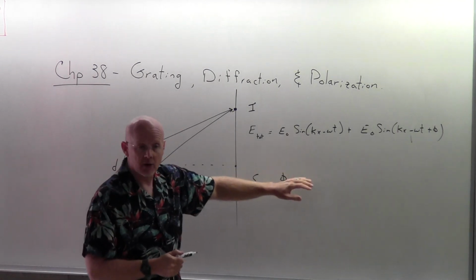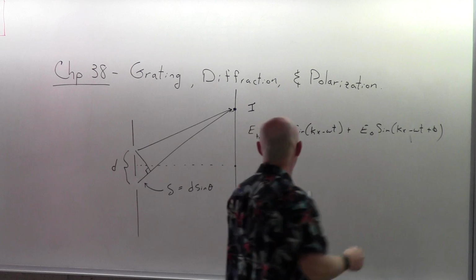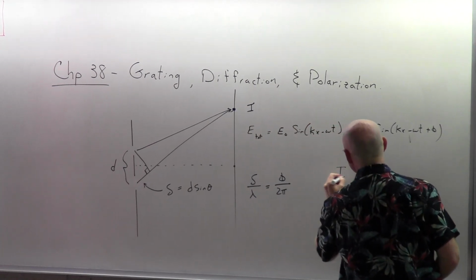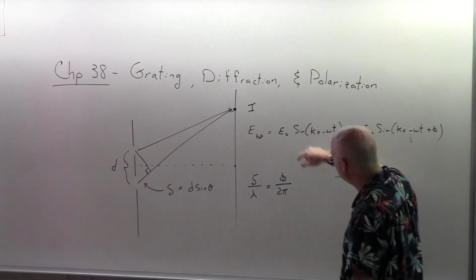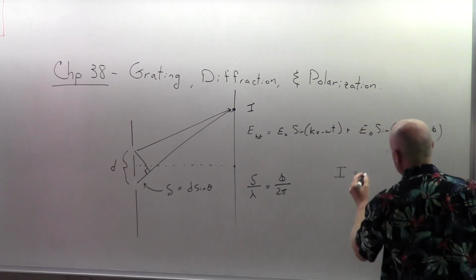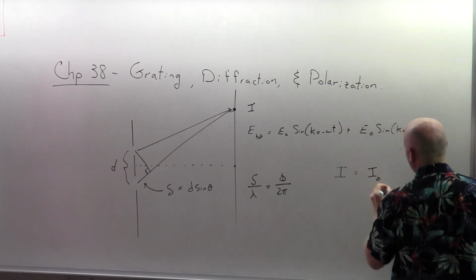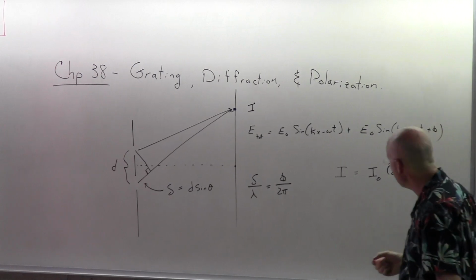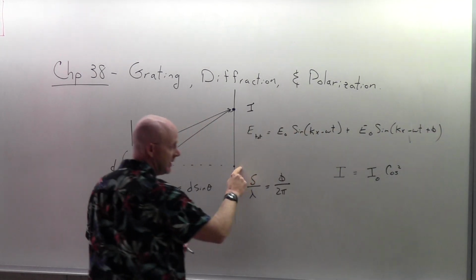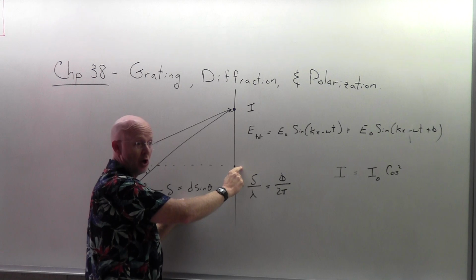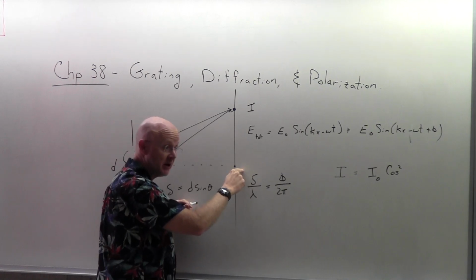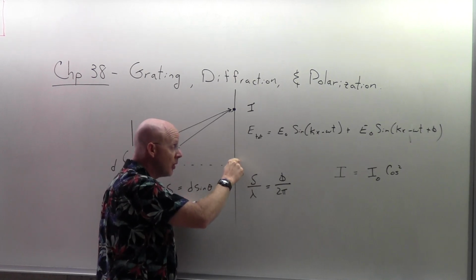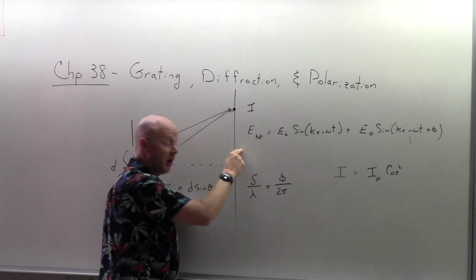We added these together, we did a trig identity, and we came up with this: the intensity at some point over here on the screen would be equal to the intensity at the center of the screen, going from bright at the center to weaker, weaker until it got dark.